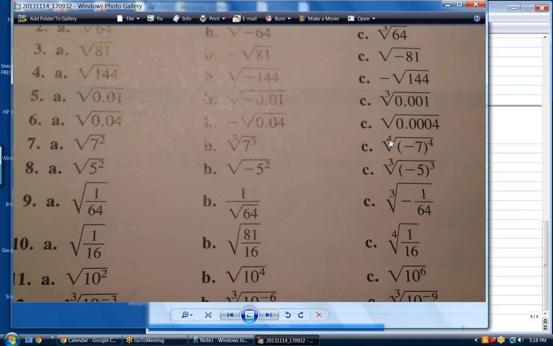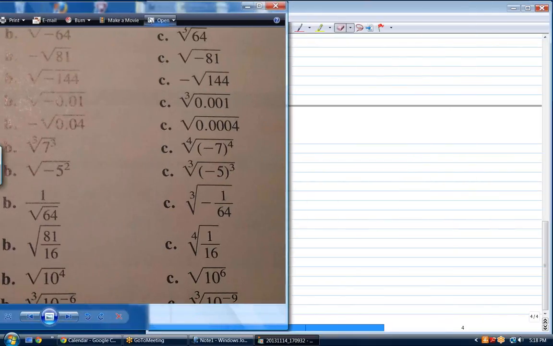What is the 4th root of -7 to the 4th power? Would that be negative or 7i? No, that is a good question. Well, let's see. I can come up with 2 different answers.